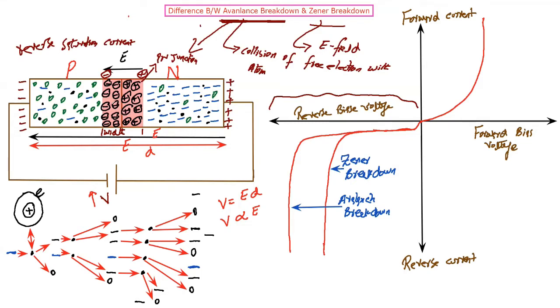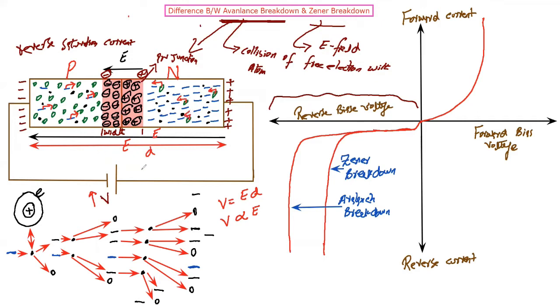increased. As we know, at the p side we have minority carrier electrons, and at the n side we have minority carrier holes. Due to this high electric field, these minority carrier electrons will start moving toward the right side, and similarly these holes will start moving toward the left side.